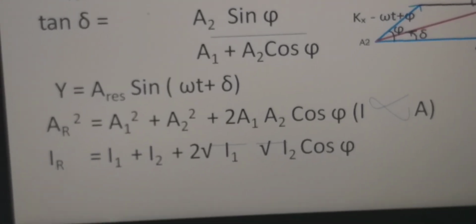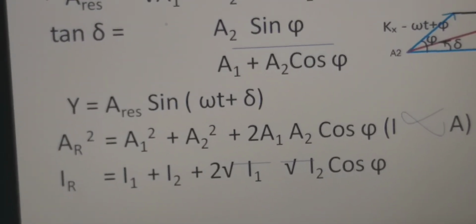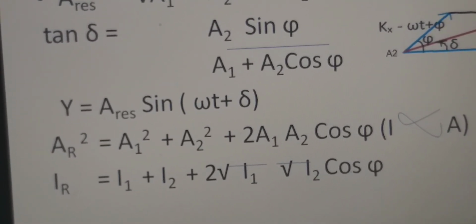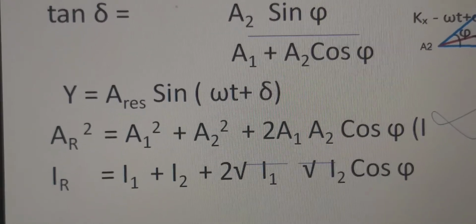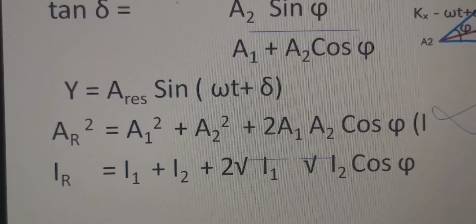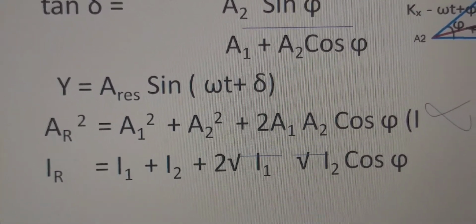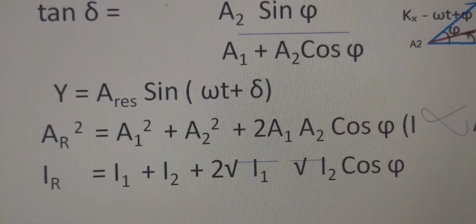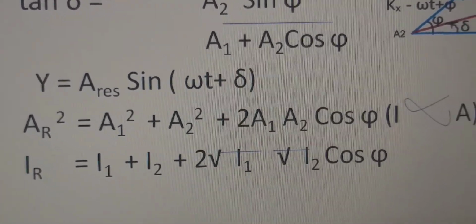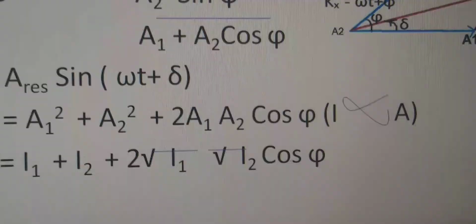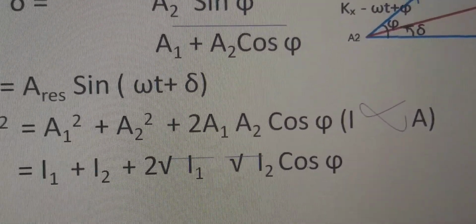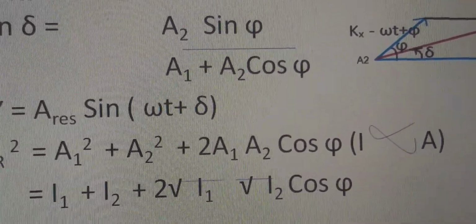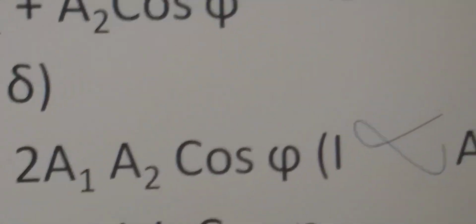Y is equal to A resultant sin(omega t plus delta). Therefore, AR square is equal to A1 square plus A2 square plus 2 A1 A2 cos phi. And amplitude and intensity have a relation. Therefore, see this part.